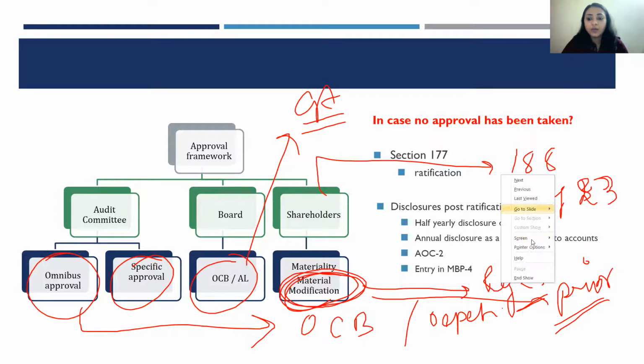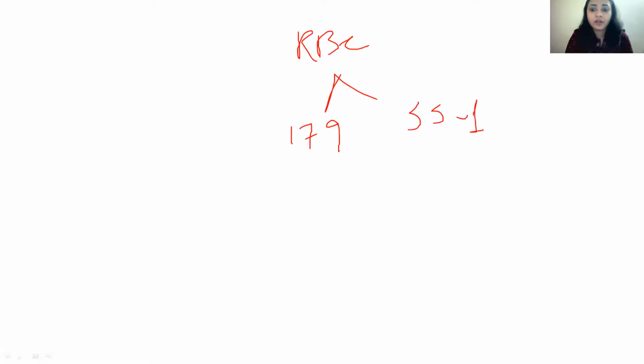When we talk about RBC, that is resolution by circulation, under law we talk about Section 179 and SS1. Section 179 deals with the powers of the board.